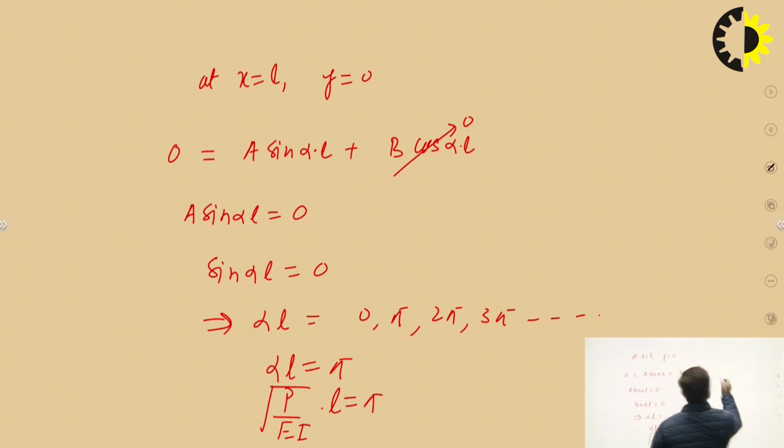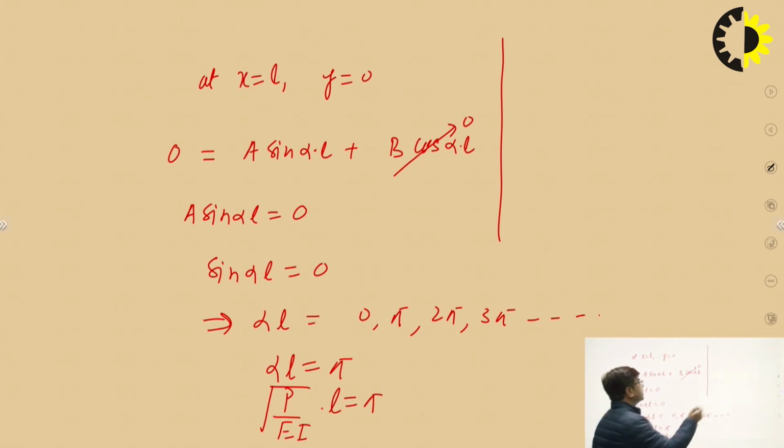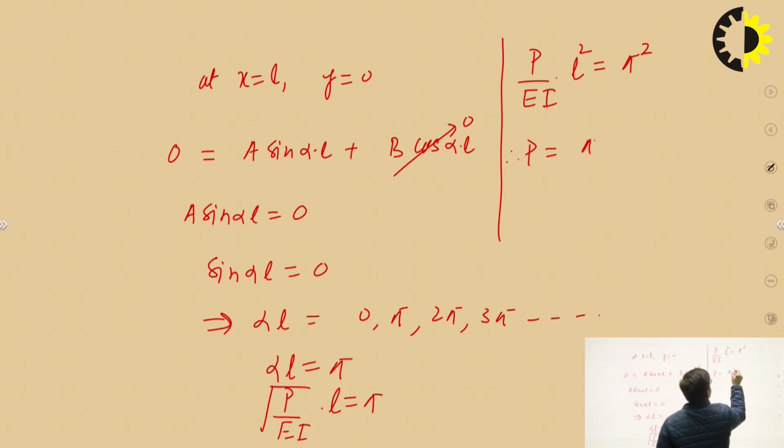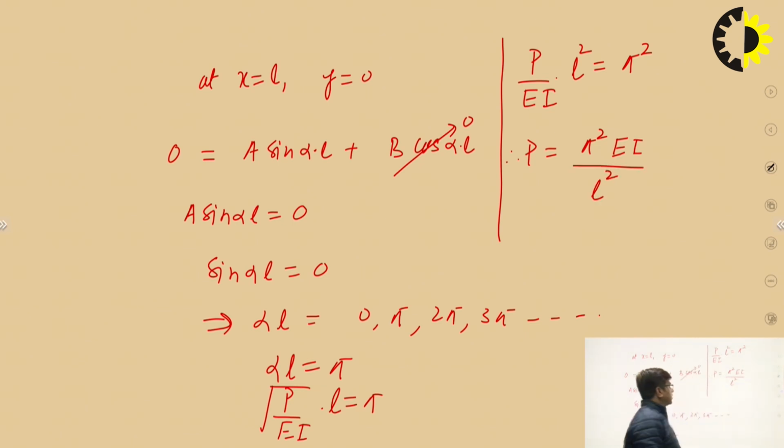Now squaring both sides, P by EI into L square equal to pi square. Therefore, P equal to pi square EI upon L square. The P which I have just computed is the crippling load, and it is the load at which the column will just start buckling or bending.